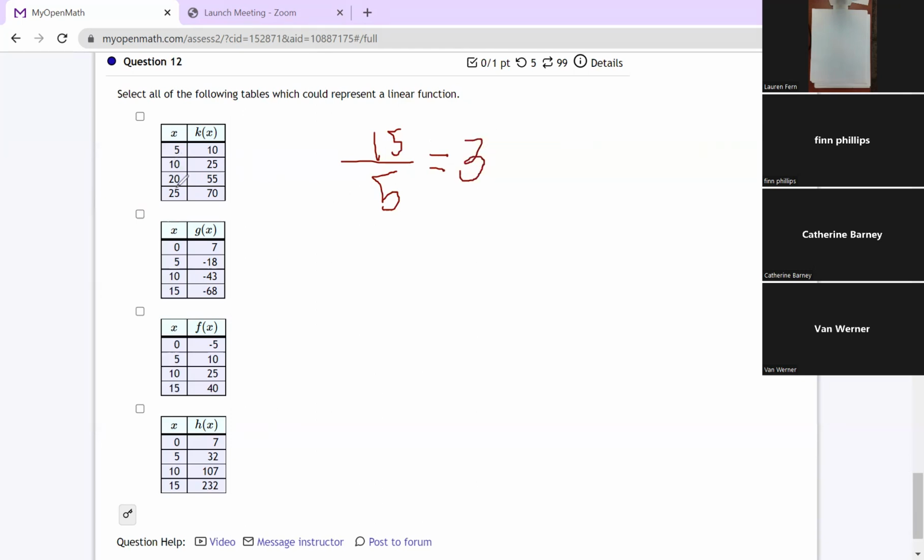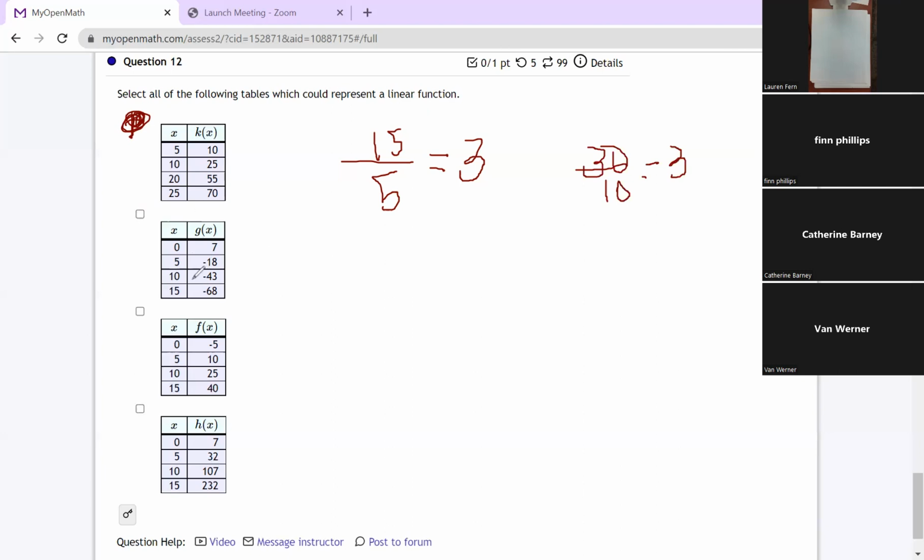Okay, is my slope going to be the same here as well? Well, notice here, what did my x's change by? 10. What did my y's change by? 30. I love your enthusiasm. Do we get a slope of 3 here as well? We totally do. And you'll see with this one that you'll also get a slope of 3. So this is one of them.